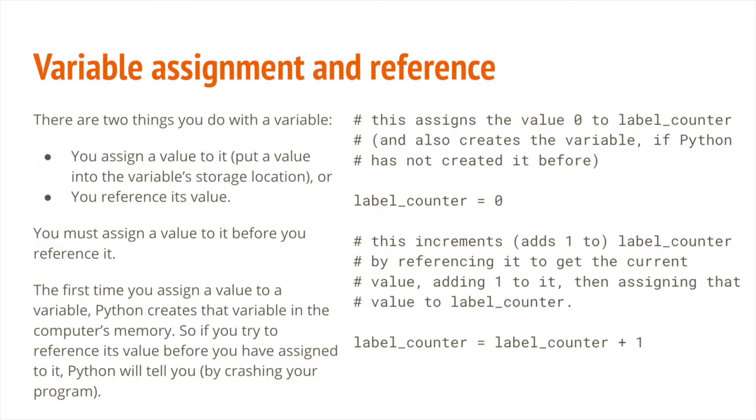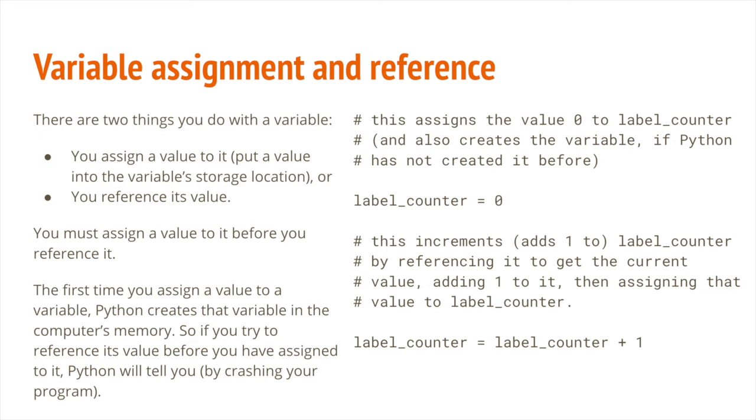There are 2 things we do with a variable. We can assign a value to it, which means put a value into the variable storage location, or we reference its value. You must assign a value to a variable before you reference it. First time you assign a value to a variable, Python creates that variable in the computer's memory.